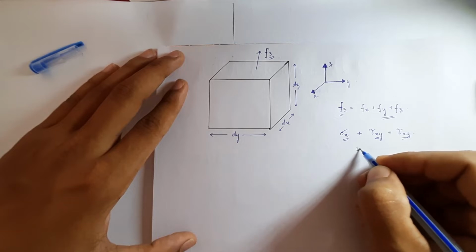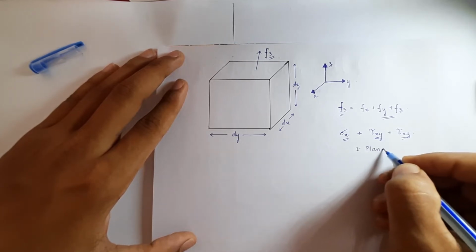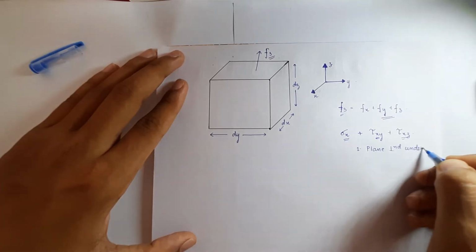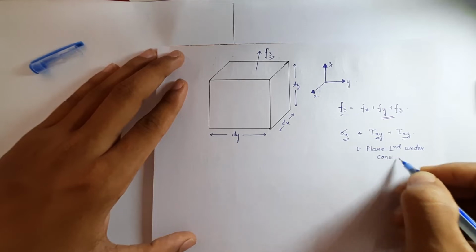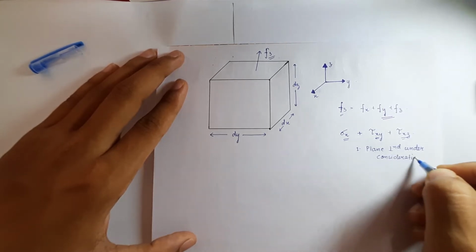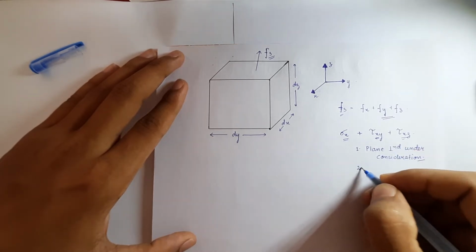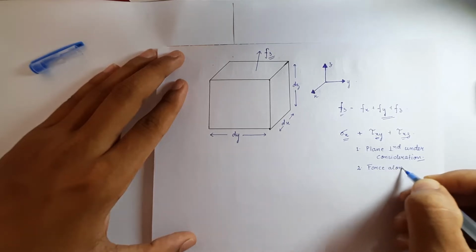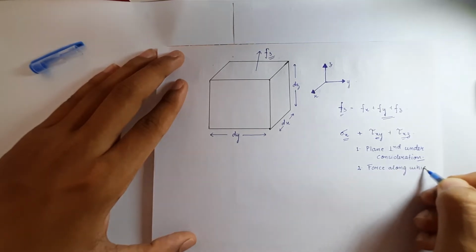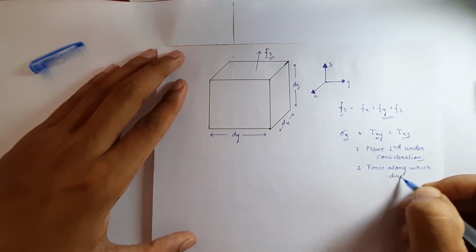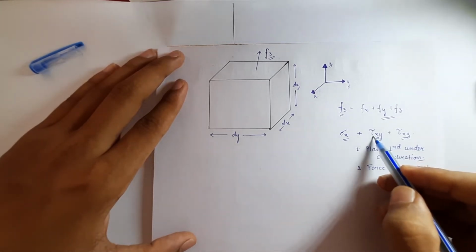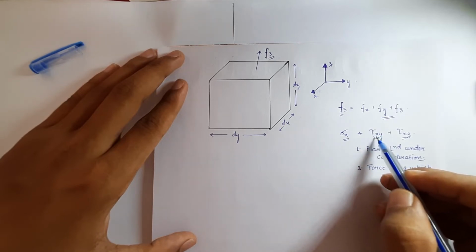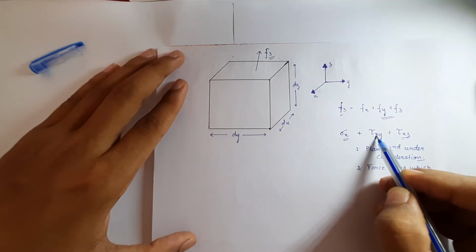So the first subscript means the plane under consideration, and the second subscript, y, means the direction along which the force acts. So if I want to say the entire thing, it denotes a shear stress which is acting in a plane perpendicular to the x-axis and along the y-axis.